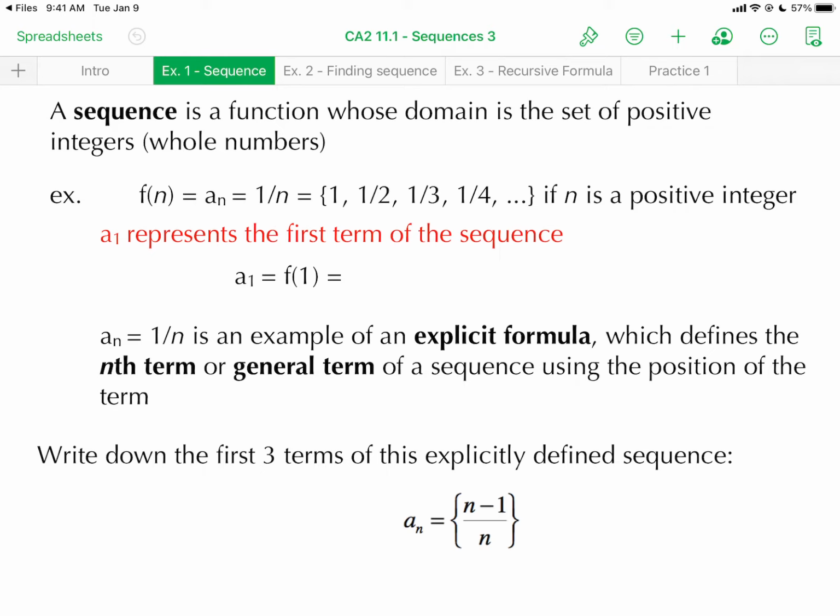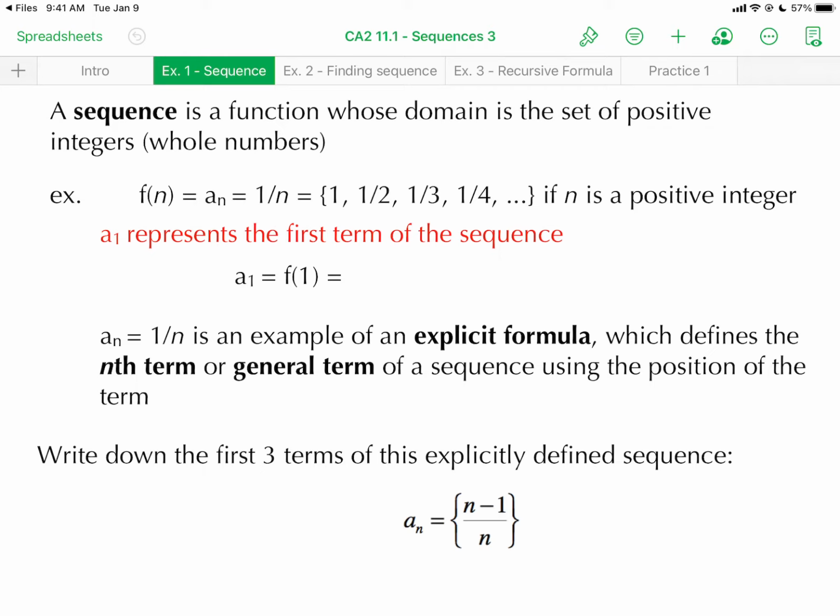Typically, your first input value is 1, then your second input value would be 2, 3, 4, etc. You can use function notation here, but quite often instead of f of n, we also will just use the notation a sub n. You're going to see that the letter n is a very common letter used for sequences and series. So f of n or a sub n, they mean the same thing.